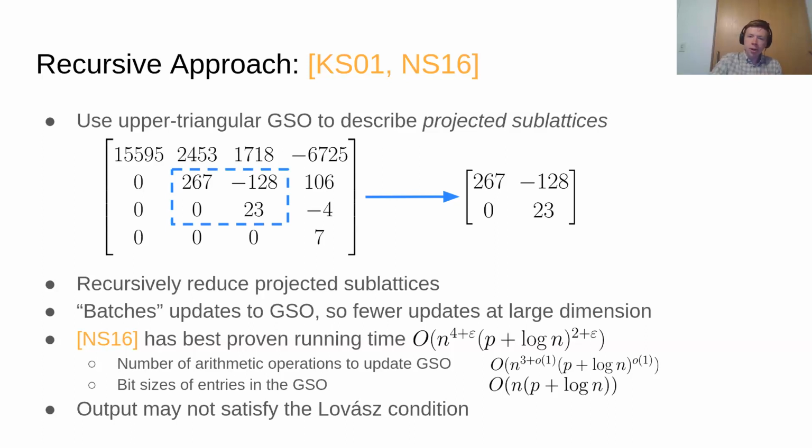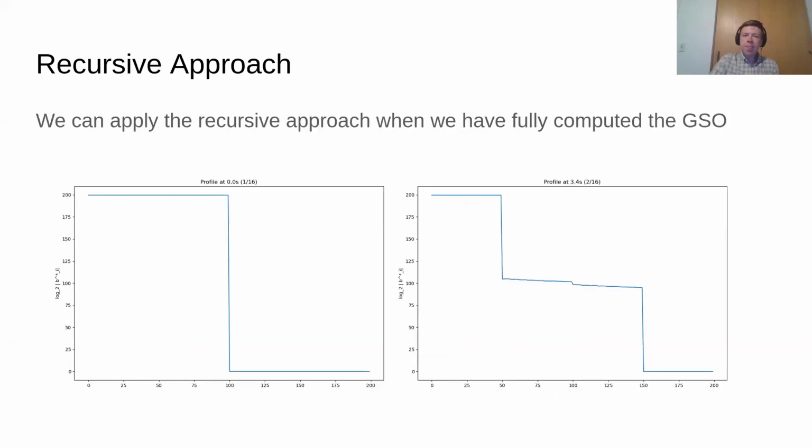Pictorially and intuitively, what you should take away is that if we have this profile on the left as input, we can look at the projected sublattice that starts at vector 50 and ends at vector 151, which gives us a projected sublattice of dimension 100. We can apply lattice reduction to this sublattice or the subprofile.